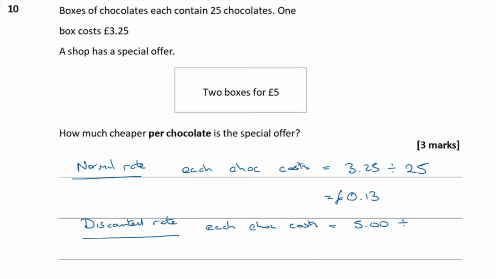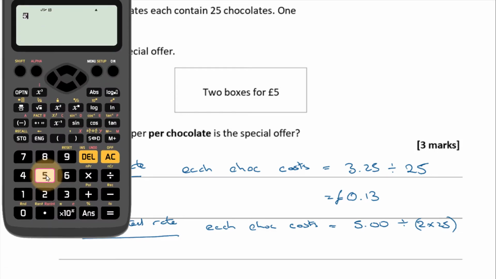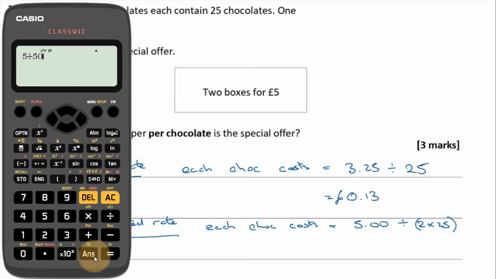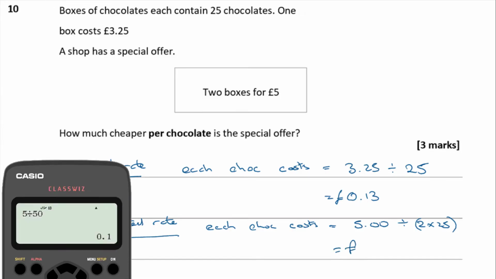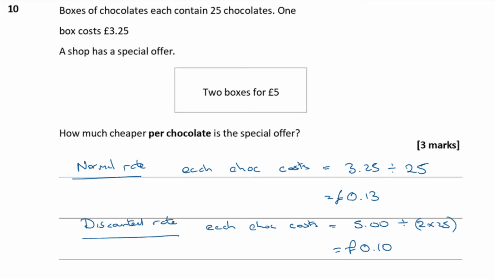I've got 2 lots of 25, which is 50, isn't it? So I've got £5 divided by 50, which is 0.1 or 10 pence per choc. So that is 0.10 pence per choc.